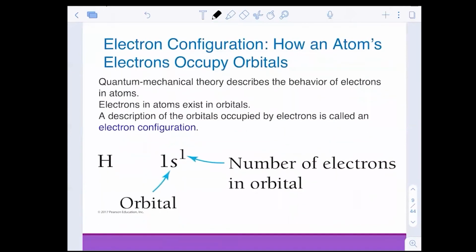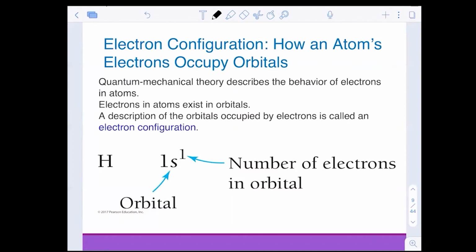Lovely. All right. Now, we just came from the quantum mechanics chapter, and it was able to describe quantum numbers. When we took our quantum numbers, we were able to really locate the probability of finding an electron in the electron cloud. And so quantum mechanics is describing the behavior of electrons in atoms.